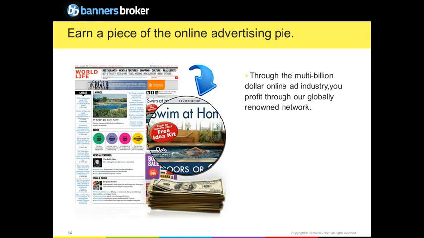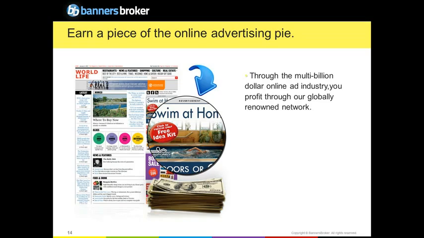Now remember, I just said that as a publisher only, you have to have your own website. Well, you don't have a website, but you'd like to earn revenue from a publisher. Well, we've created a unique thing that allows you to do that. In your AdPub Combo package, you have ad inventory. So that's our second product. With ad inventory, depending on how much ad inventory you purchase, depends how much revenue you can earn as a publisher.